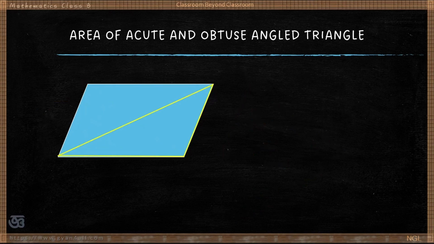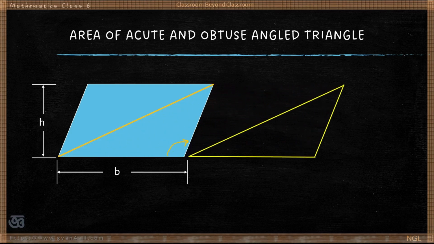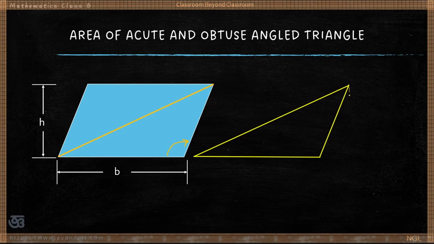In this case, the diagonal of the parallelogram produces two obtuse angle triangles, because this angle is more than 90°. So we get two obtuse angle triangles, but the triangles are congruent. The area of the parallelogram remains the same, b into h, and if we take the triangle separately, then what we have to do is construct a perpendicular to the extended base, and this is equal to 90°, and here this is the altitude of the triangle, and this remains the base.